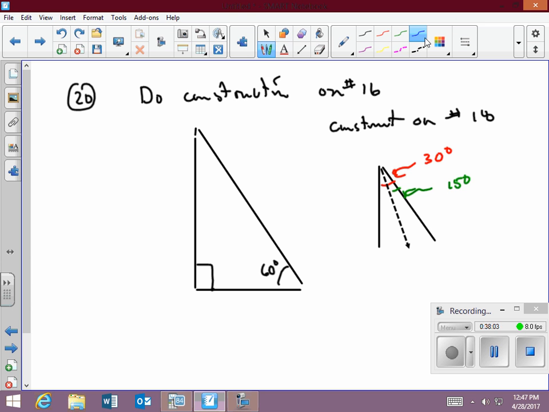So you'd run an arc up there, and you would copy that angle by putting a point here and running an arc out, and then you would go from here down this way on that 15-degree, and you would have copied that 15-degree angle over here. That would be copy an angle, construction 2. And you'd get a 75. So this whole thing would be a 75-degree angle through construction.